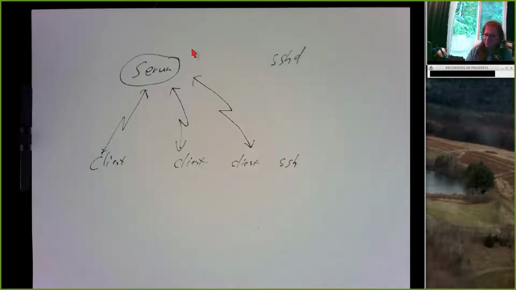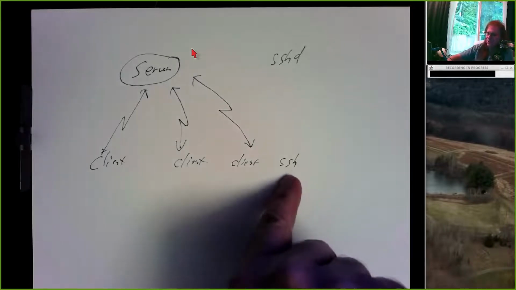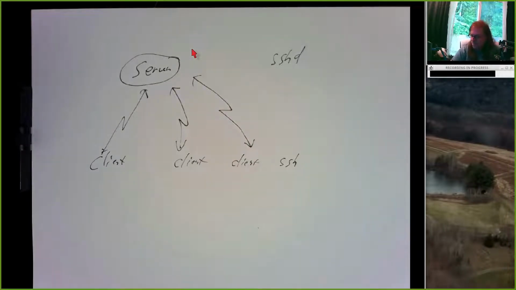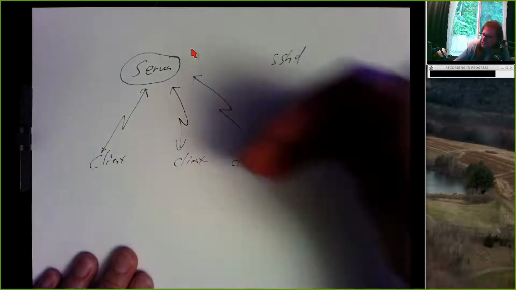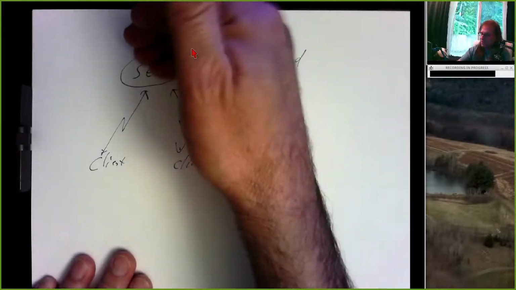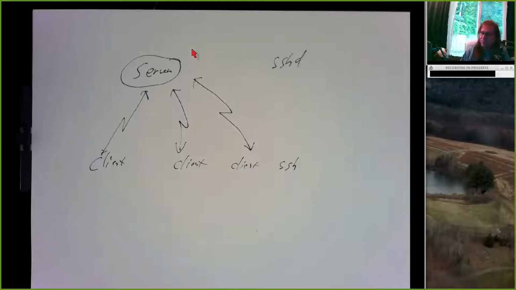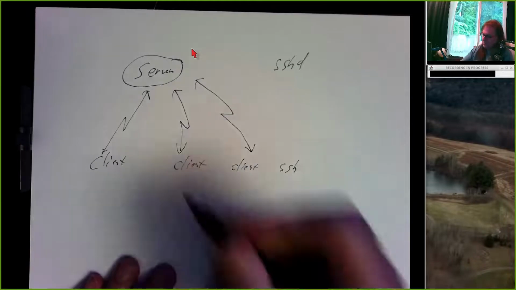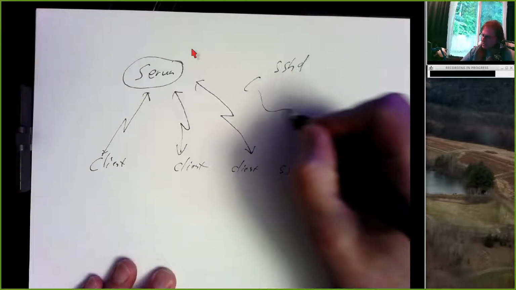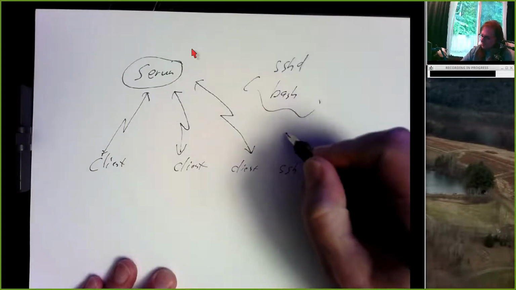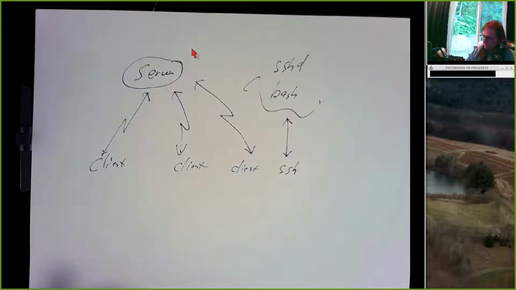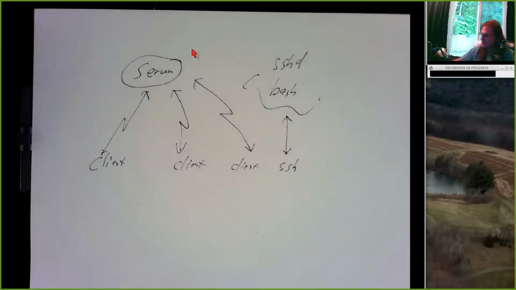And if the correct information is exchanged, then you can proceed to specify your username and your password. And that information is sent encrypted, and so there's a decryption that takes place on the server side and so on. And then credentials are checked, and if everything works the way it's supposed to and you're authorized, then a new process begins over here running bash, and there's two-way communication between that process and your SSH client.